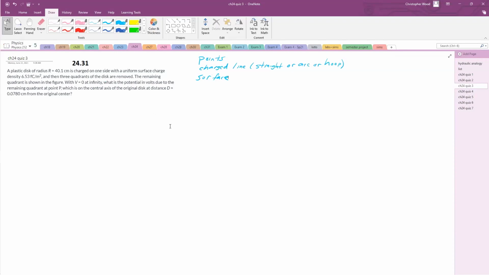So that's the progression. This is a plastic disc. Let me go to the textbook. Let me get a picture of this, a better visual, a charged disc. There it is. Okay. Problem 31.